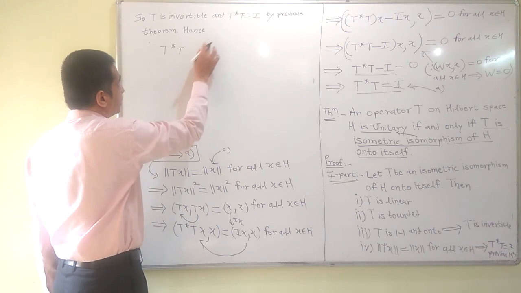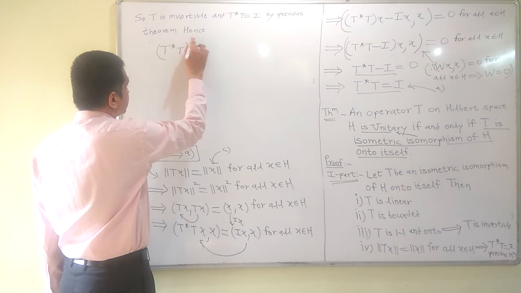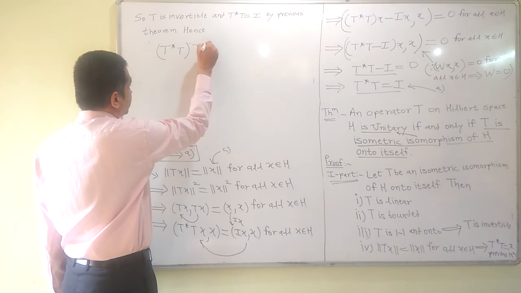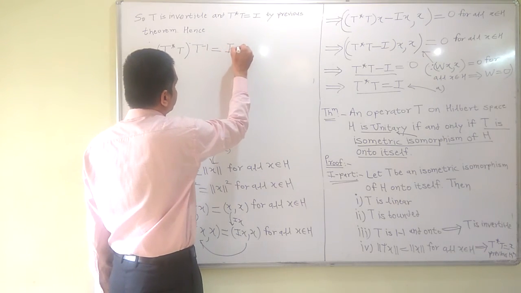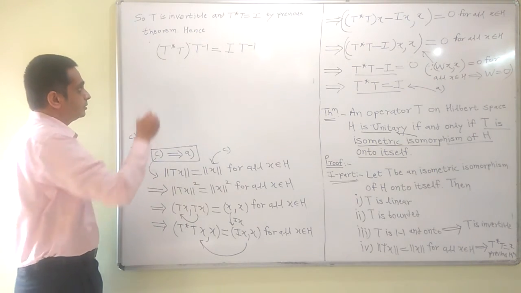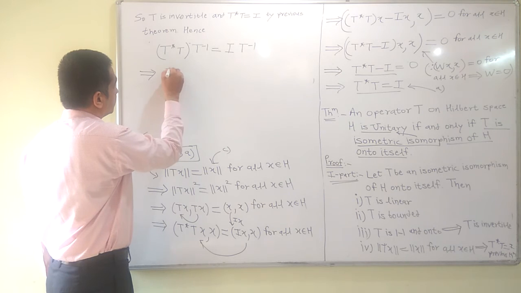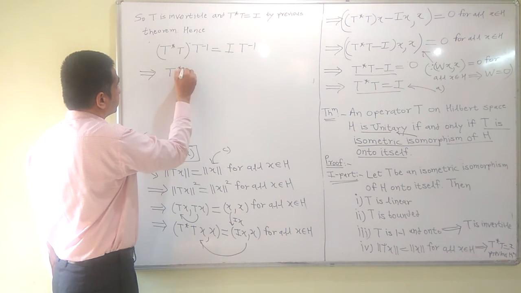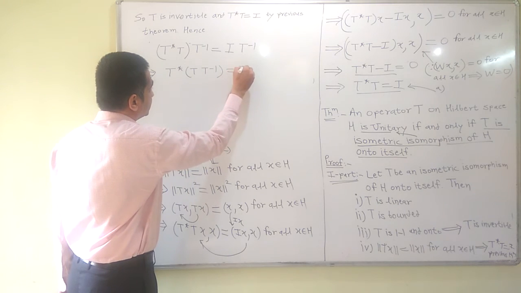So, if we multiply this by T inverse, post and pre multiply, we can do both things. Let me post multiply this by T inverse, where multiply means we are taking composition. So this implies that T star T T inverse is equal to T inverse.